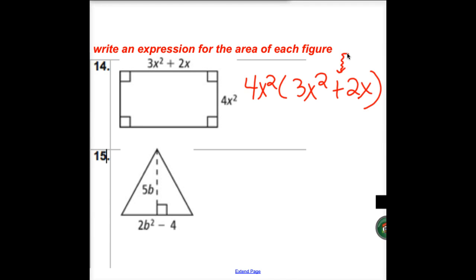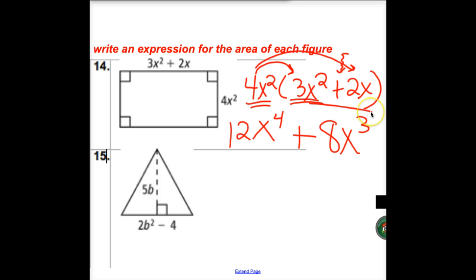Again, I told you the order does not matter if it's all multiplication, but I've got an addition in there, so hopefully you'll remember from your 8th grade or linear algebra days that you need to distribute this in here. You need to do 4x squared times 3x squared, which gives me 12x to the 4th. Then I've got to do 4x squared times 2x, which is going to give me 8x cubed. So make sure you pay attention to those parentheses.